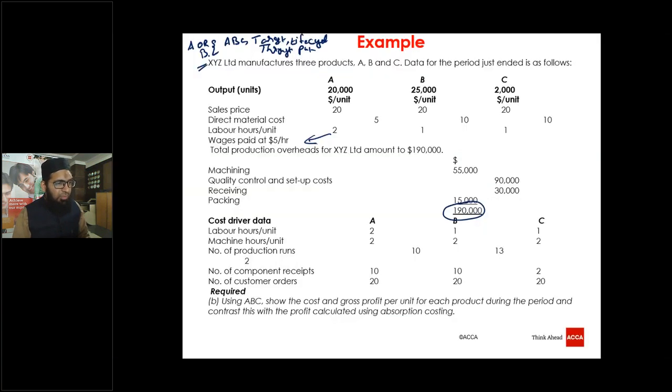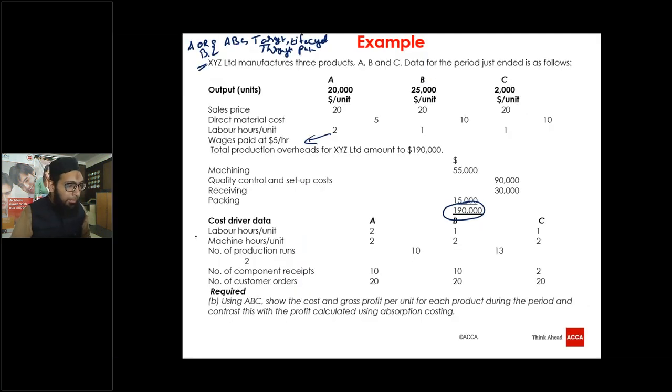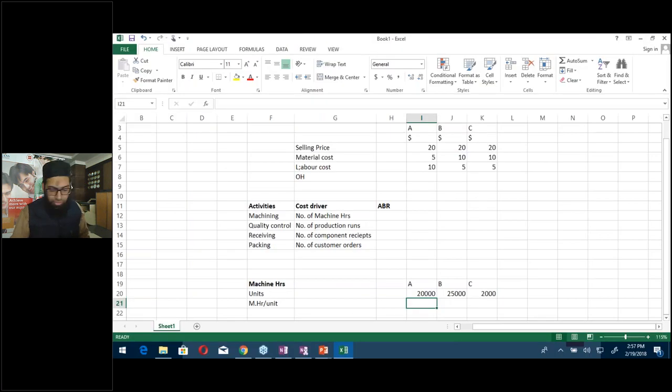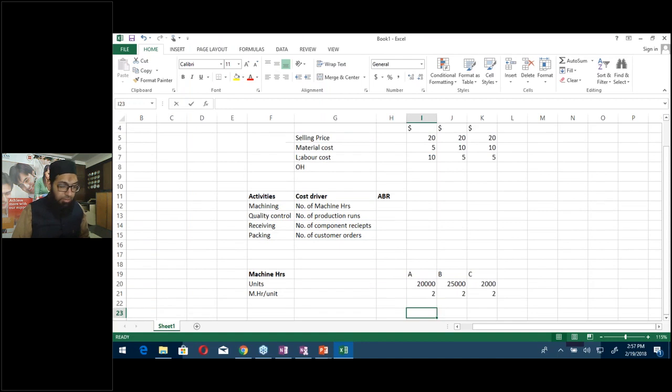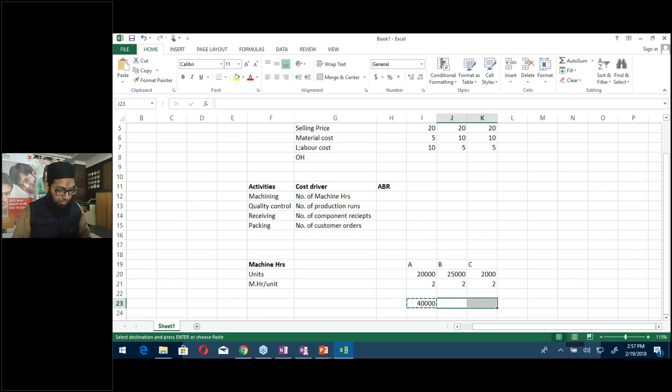In the data we have been told that there are 20,000 units of A, 25,000 units of B, and 2,000 units of C. And machine hour per unit is 2 for each. That means the machine hours will be 20,000 multiplied by 2. And I will copy and then paste it.